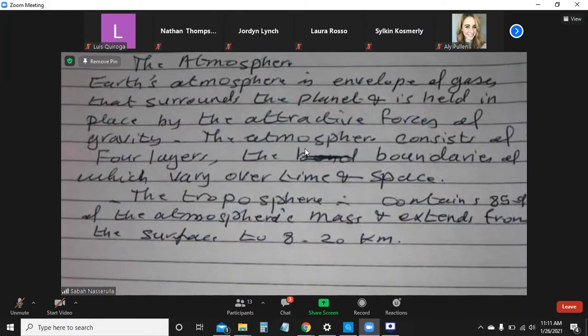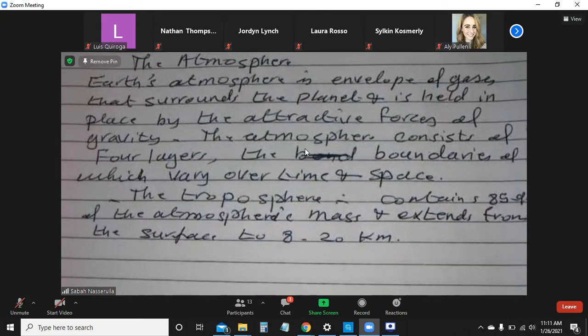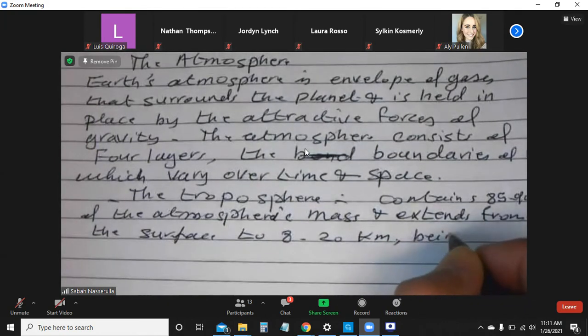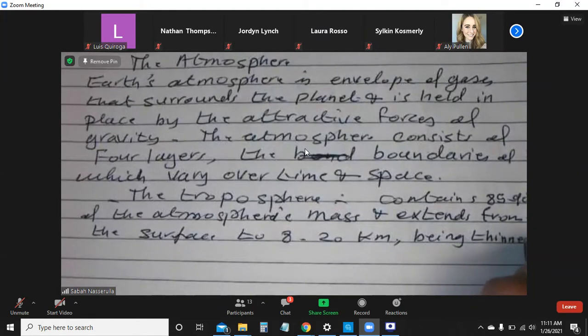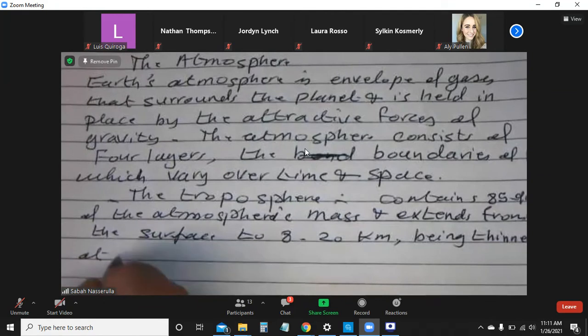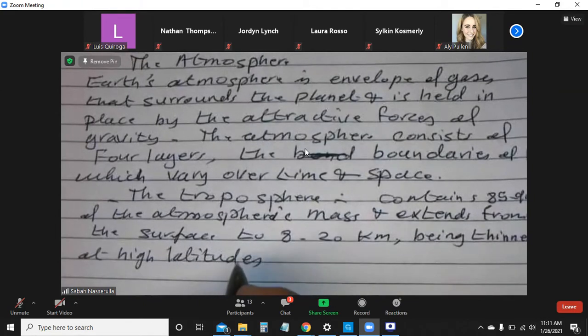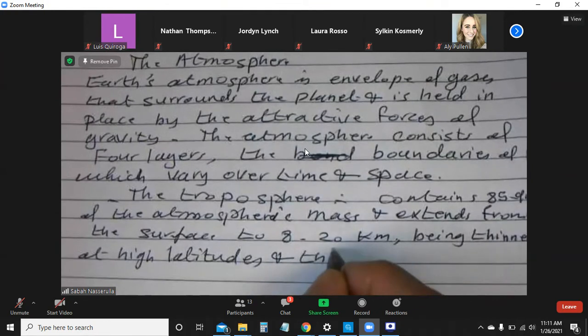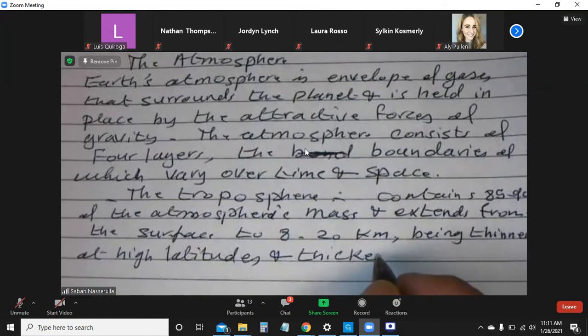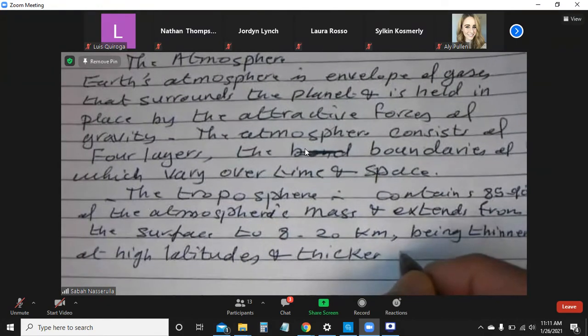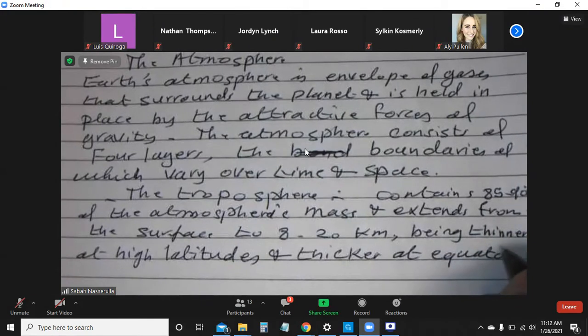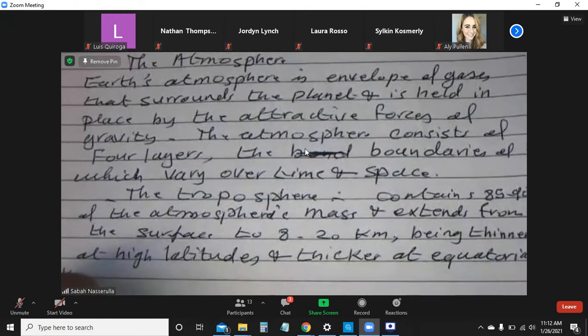Usually that's why it is thinner at high latitudes and thicker at equatorial latitudes.